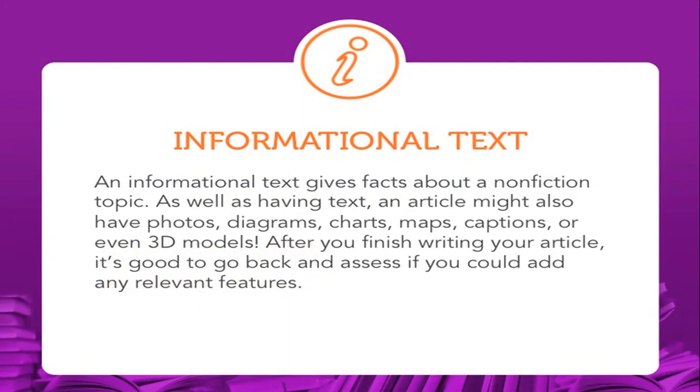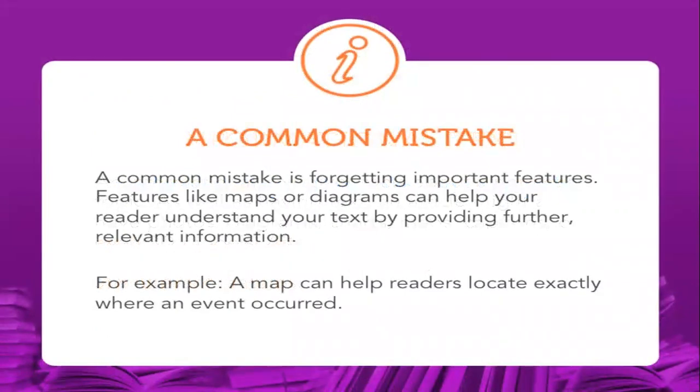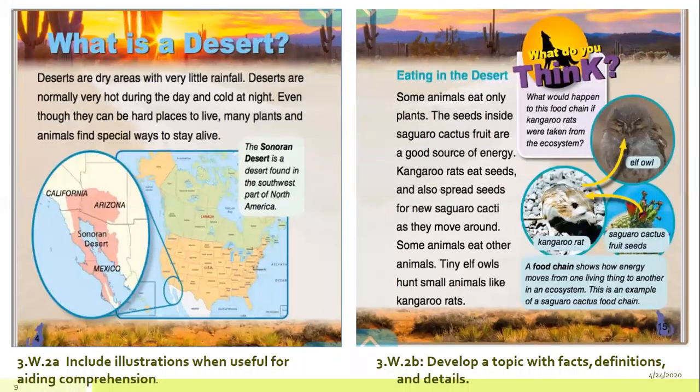Could you add anything to make it more interesting? A common mistake is forgetting those important features. Features like maps and diagrams can help your reader understand your text by providing further relevant information. For example, a map can help readers locate exactly where the event occurred or where the information is taking place.